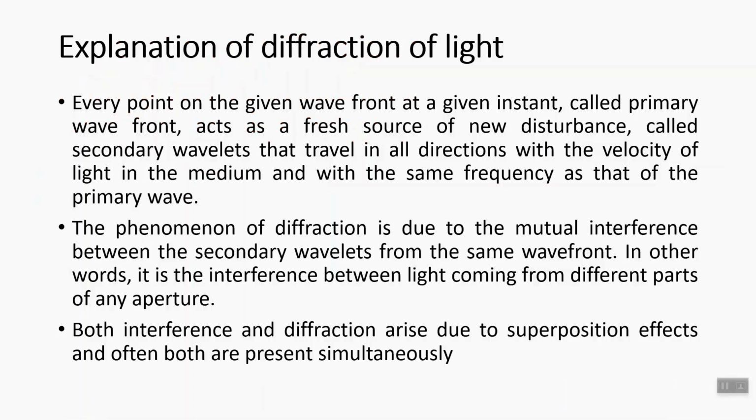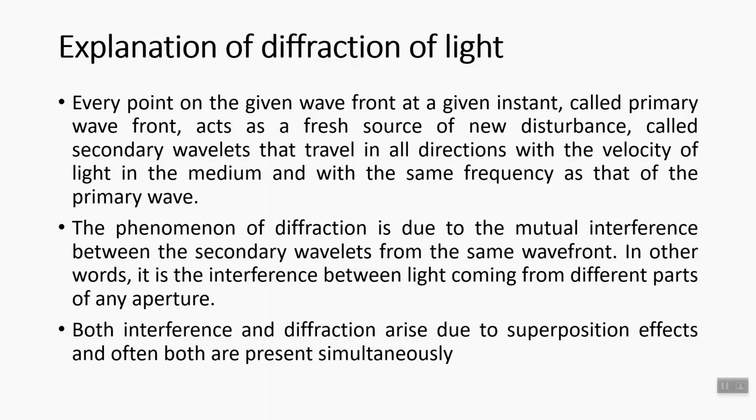Diffraction of light can be explained using the wave theory of light proposed by Christian Huygens. The main postulate of Huygens' wave theory of light is that every point on the given wavefront at a given instant, called the primary wavefront, acts as a fresh source of new disturbance called secondary wavelets that travel in all directions with the velocity of light in the medium and with the same frequency as that of the primary wave.